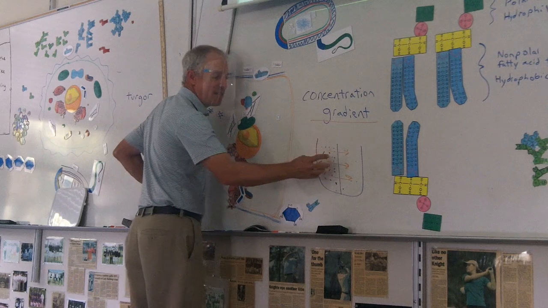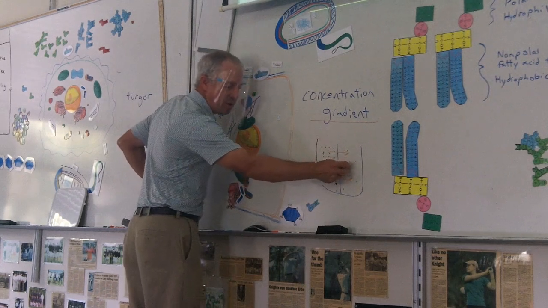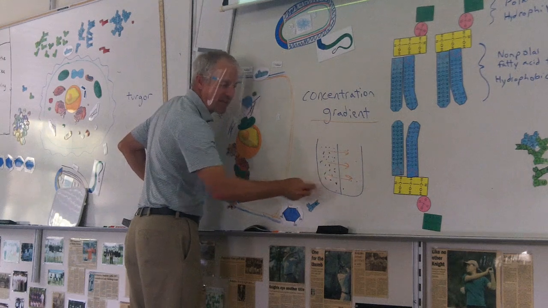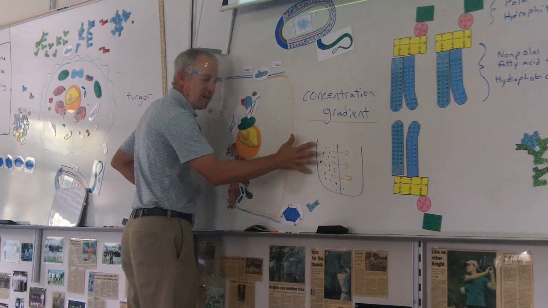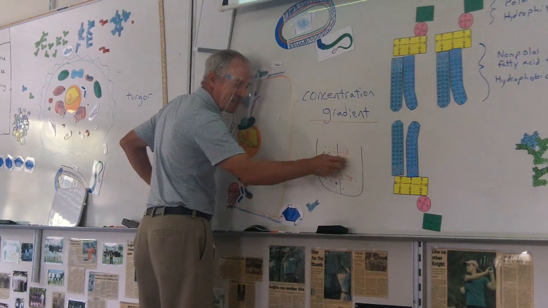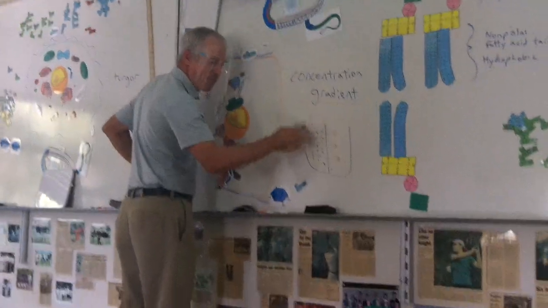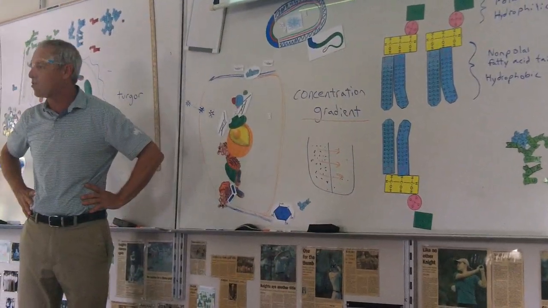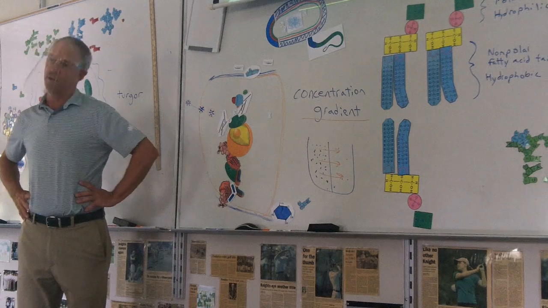What cells tend to do is to pull particles against their concentration gradient. The molecules normally want to go that way, but cells want to actually concentrate particles inside of them. Why would a cell want to concentrate particles inside of itself?